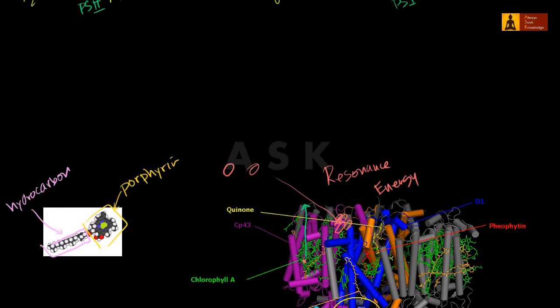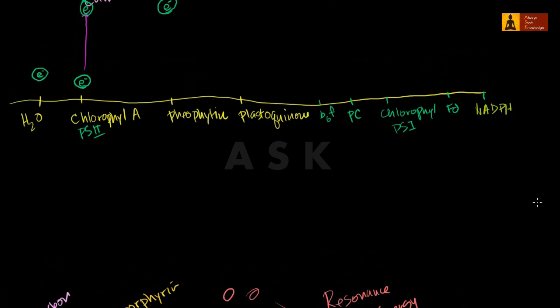And when the photon comes in, or when the resonance energy comes in from some of the antenna molecules, electrons in the double bond sitting here in the porphyrin head get excited. Those are the electrons that we're talking about. And the first electron acceptor is this pheophytin that I just talked about.